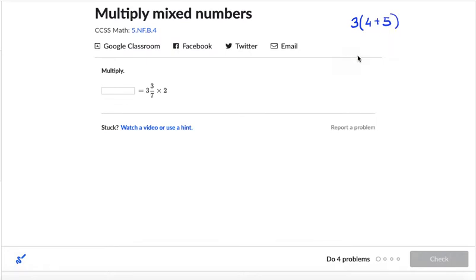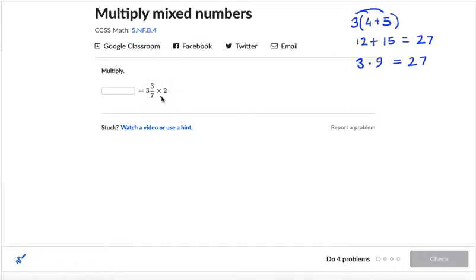If I've got 3 times 4 plus 5, I can do 3 times 4 and 3 times 5, giving me 12 plus 15, and that gives me 27. The other way of looking at that is I can do the 4 plus 5 separately, which is 9, and 3 times 9 is also 27. So that proves this idea of distributing something on the outside actually works.